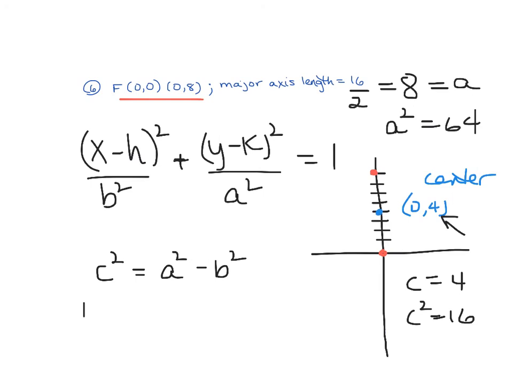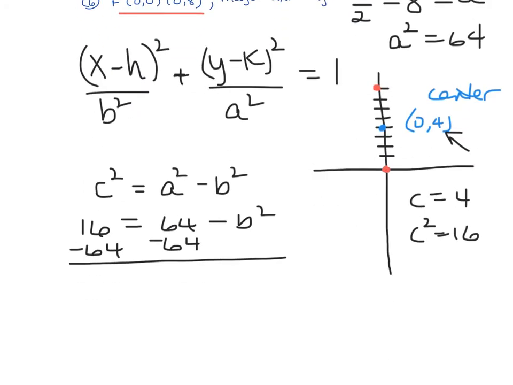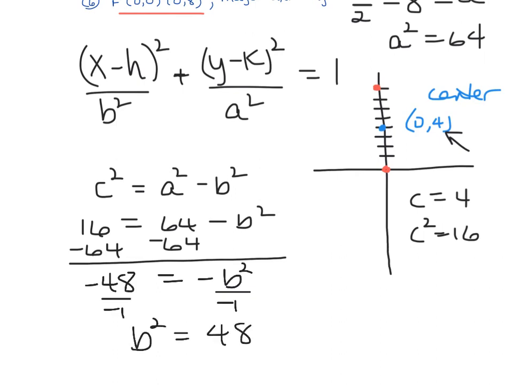So let's plug in. 16 equals 64 minus b squared. Subtract the 64. Negative 48. Divide by negative 1. So b squared equals 48. So now let's put it all together. So again, remember the center is h, k. And we had the A from up here.